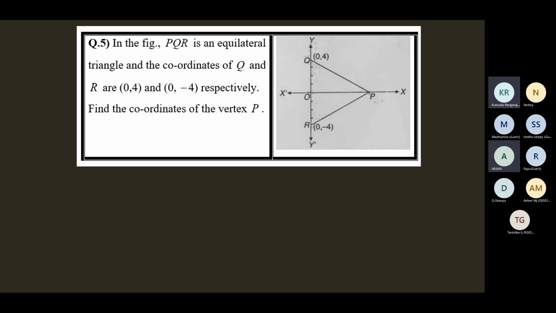Okay, so looks like you've all forgotten. Let's do it together. Ma'am, we should do it using Pythagoras theorem.